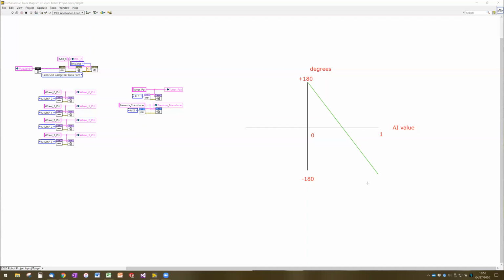And so in our math, we really need 0 degrees to reference straightforward on the robot, but exactly which voltage value between 0 and 1 corresponds to straightforward is not always going to be 0. In fact, it's pretty much never going to be 0.